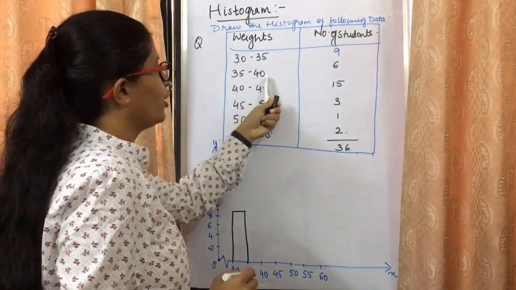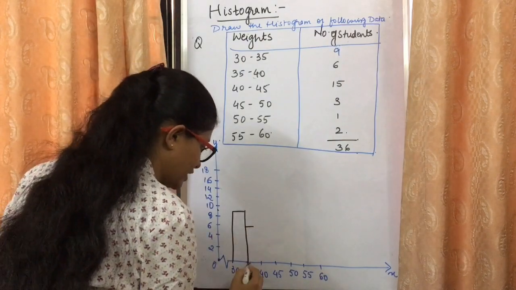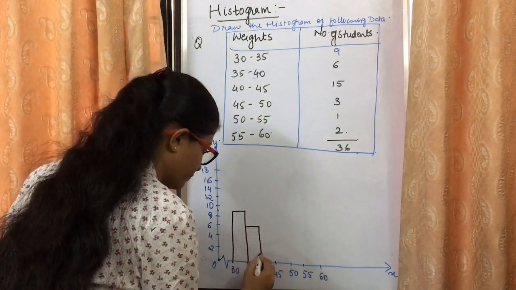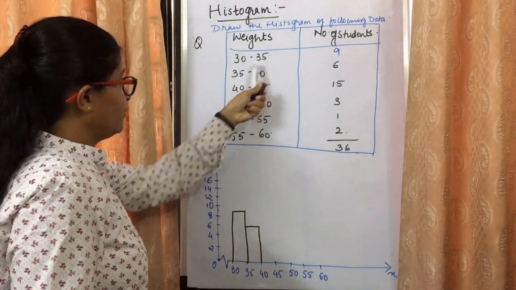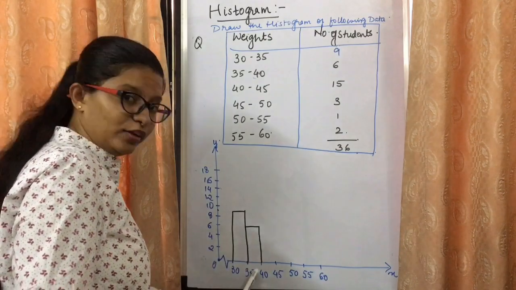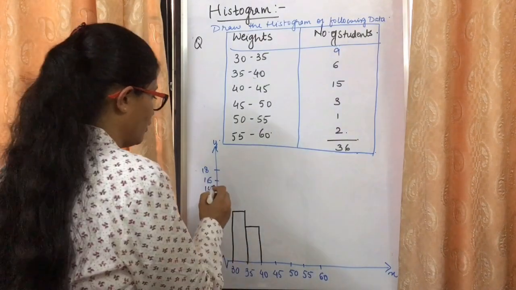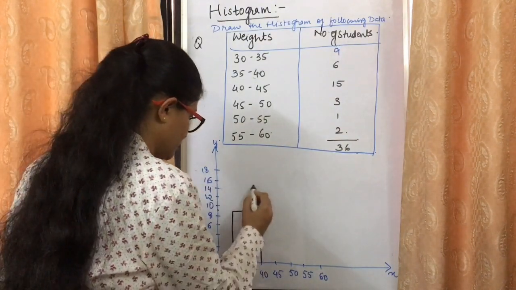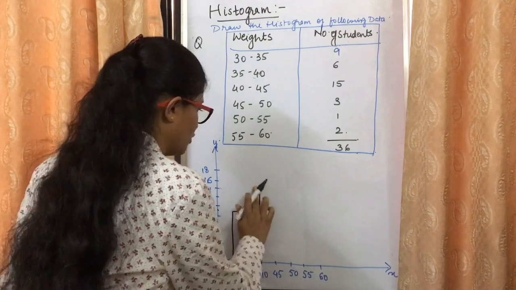Now 35 to 40, how many students? 6 students weigh between 35 to 40. That's why they are continuous. 30 to 35 के बीच में ये वाला बार, 35 to 40 के बीच में ये वाला बार. 40 to 45 weigh 15 students. 15 will come in middle of this. Here somewhat.